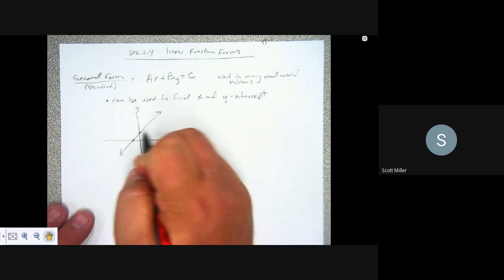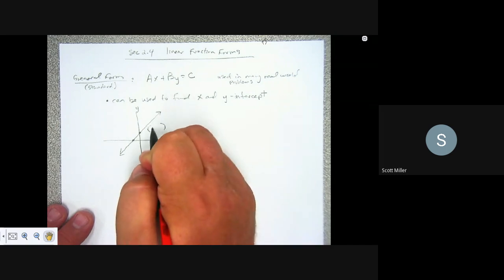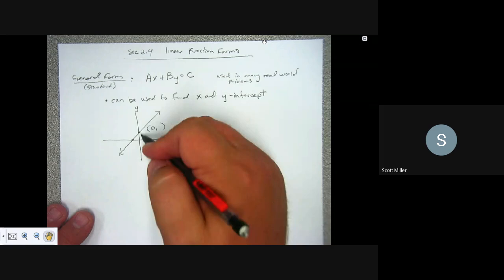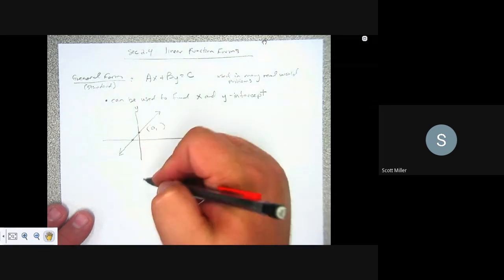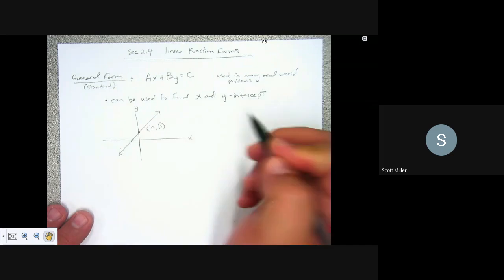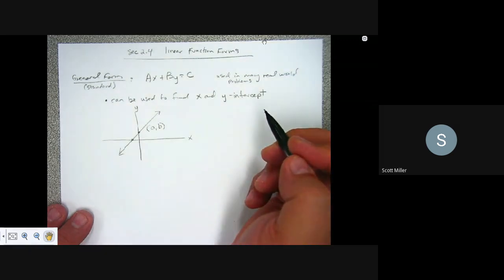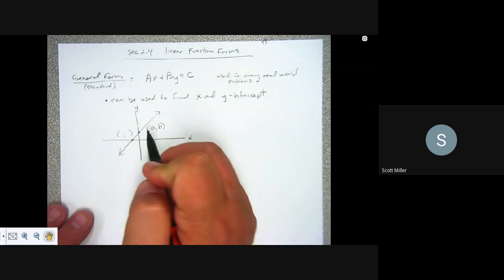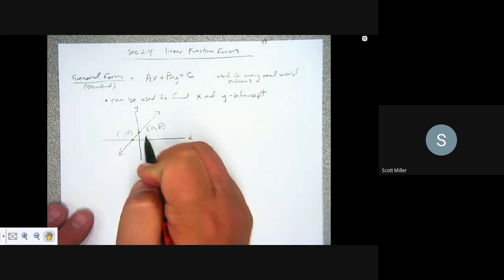For example, a y-intercept always has a 0 for the x-coordinate, because it's on the y-axis and x is 0 there. They usually use the letter lowercase b for a y-intercept. An x-intercept has a special characteristic, and that is the y value is 0.